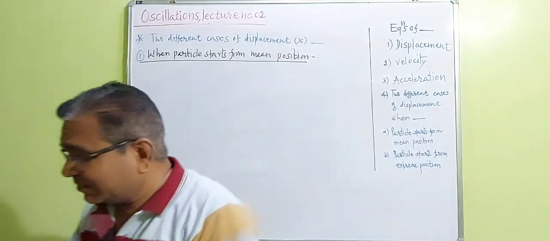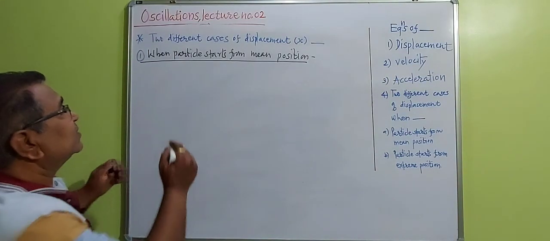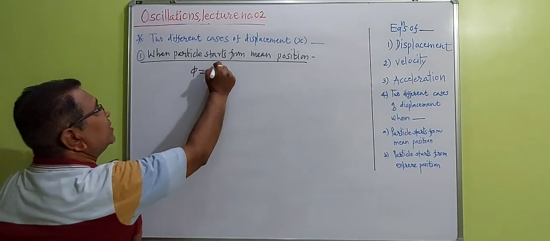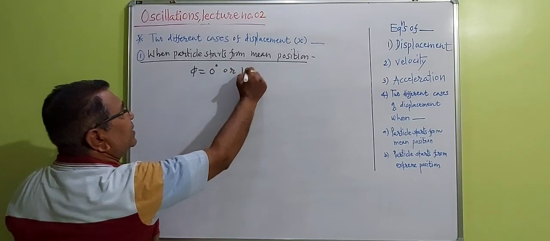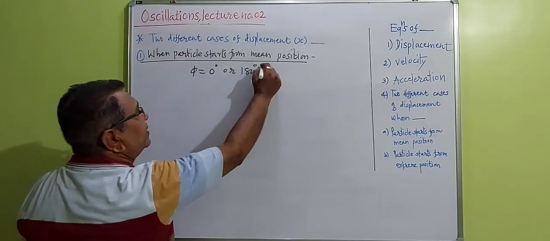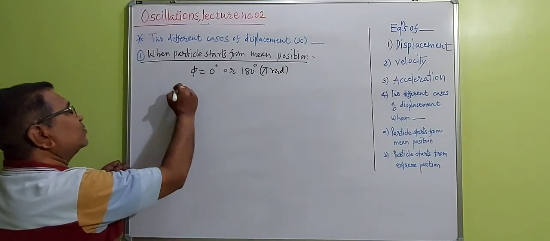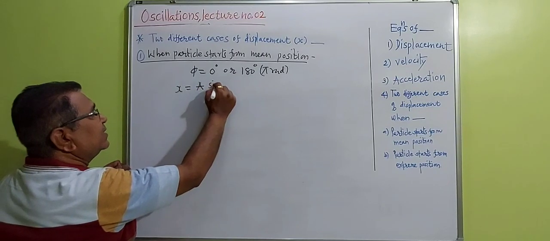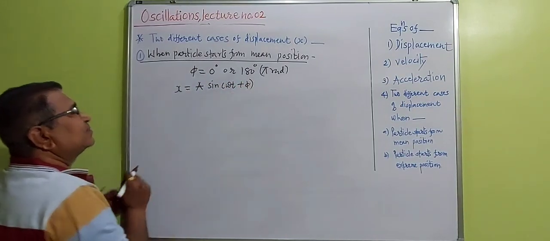So I will write here, either phi is equal to 0 degree, or it is 180 degree or pi radian. So what is our formula of displacement? x is equal to capital A sine of omega t plus phi.